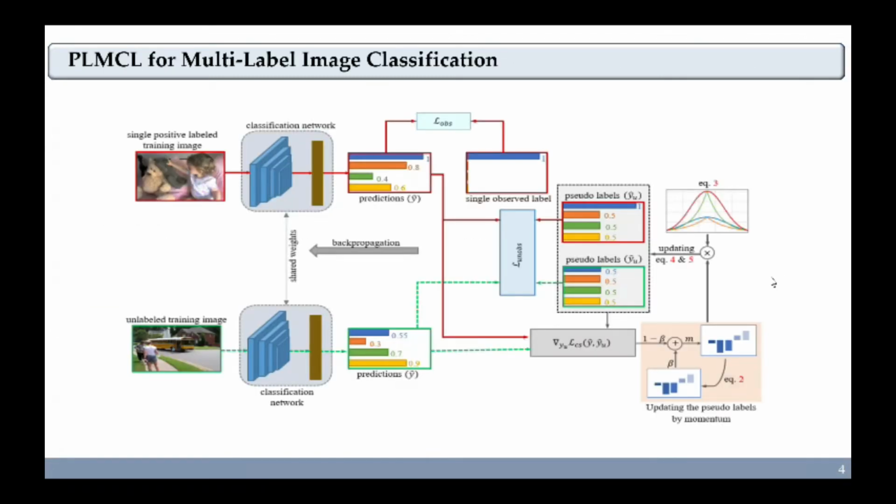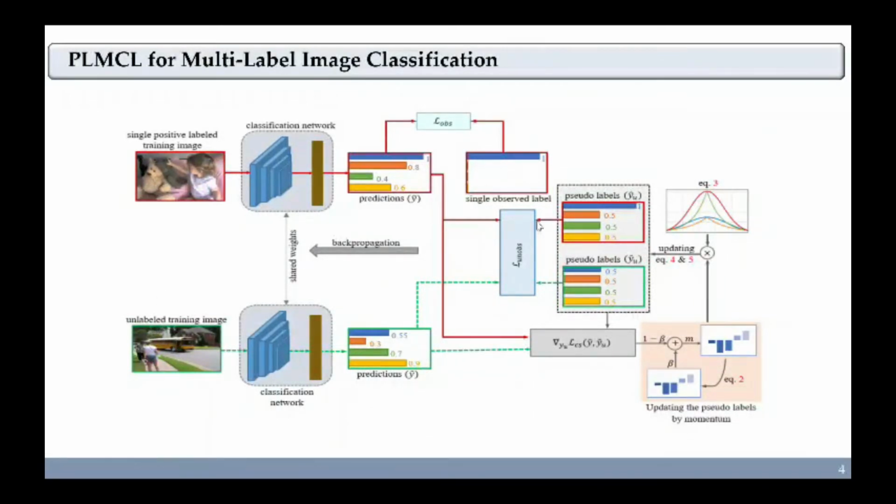So now let's introduce our framework. Our model addresses the most challenging setting, SSPL. As you can see in the figure, we have two subsets of the images. The first subset is annotated with only a single positive label, while the other group of images is totally unlabeled.